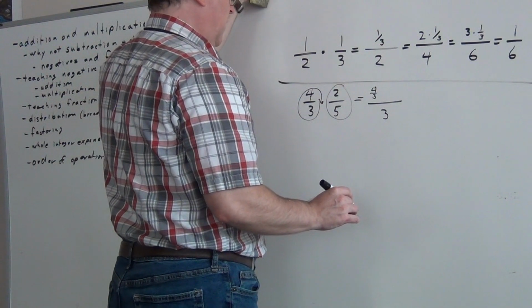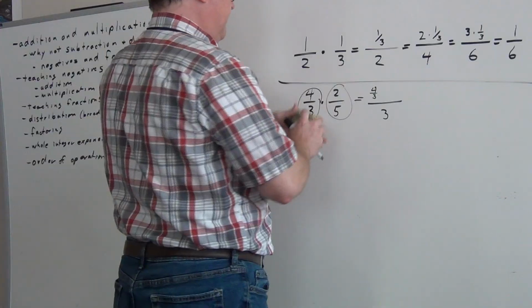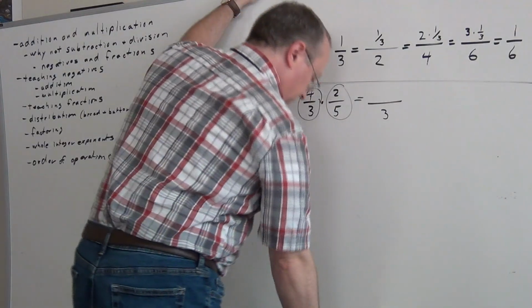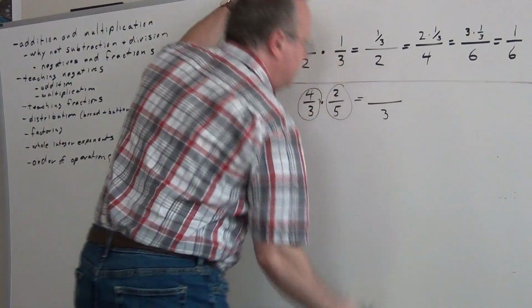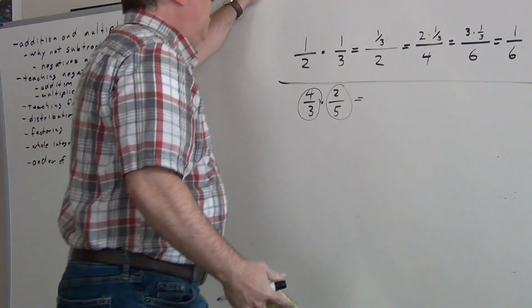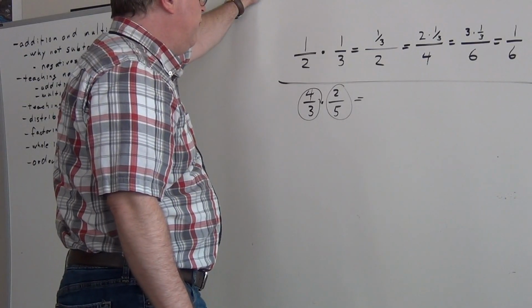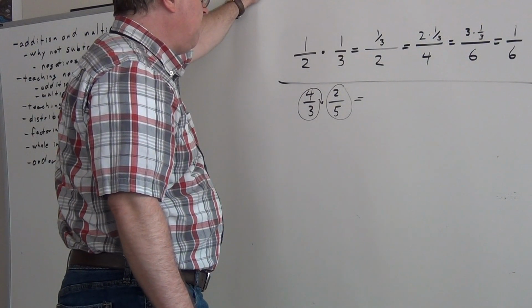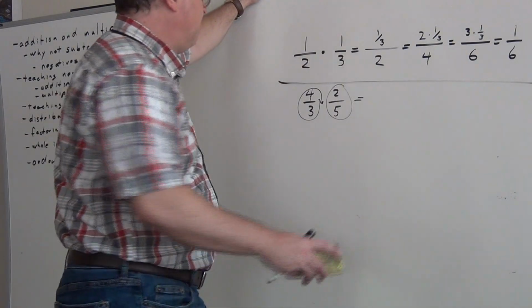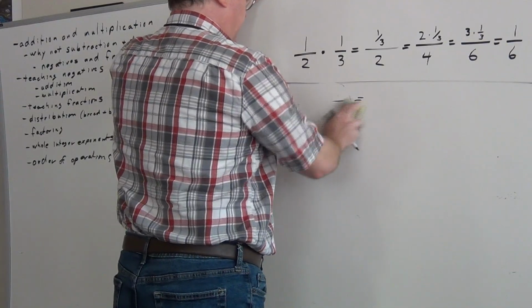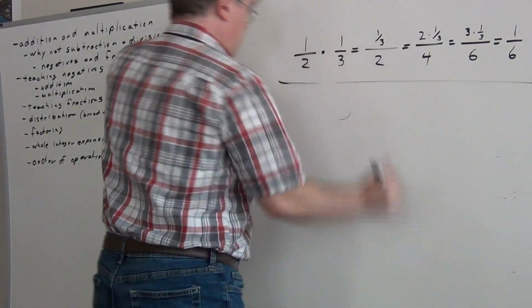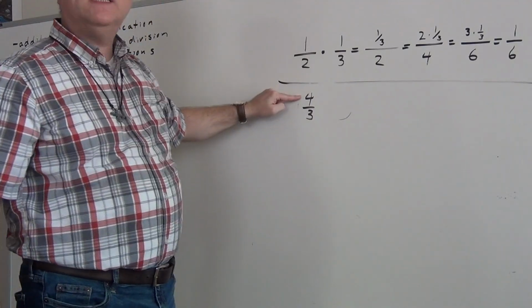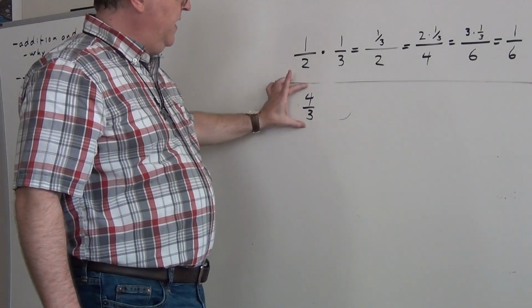How does that work? Okay, simpler way. Three of these is 4 ones. 3 of these is the number 4.